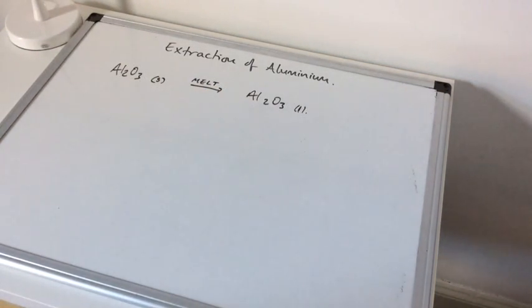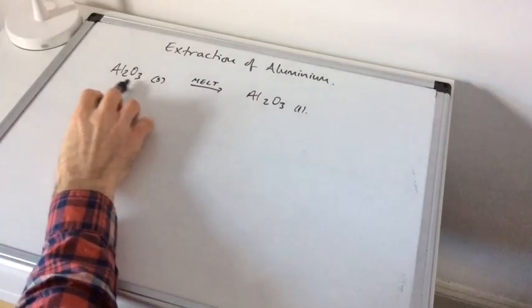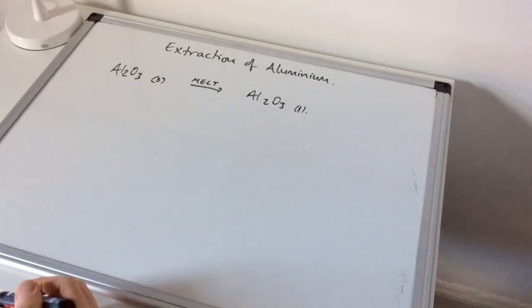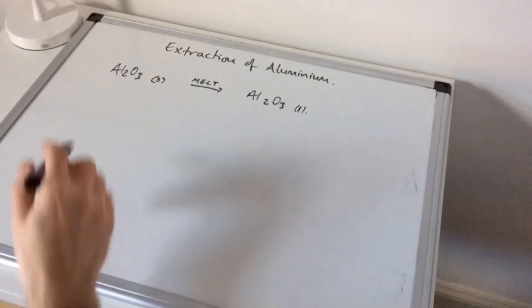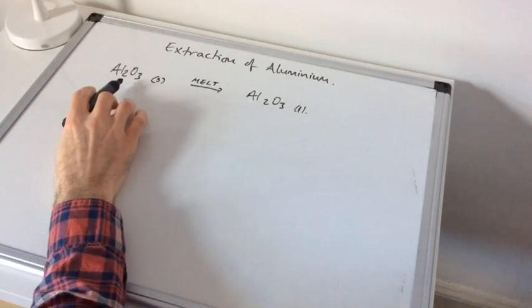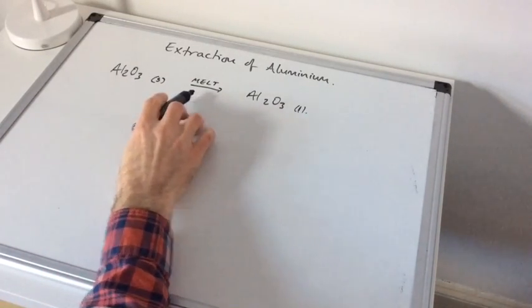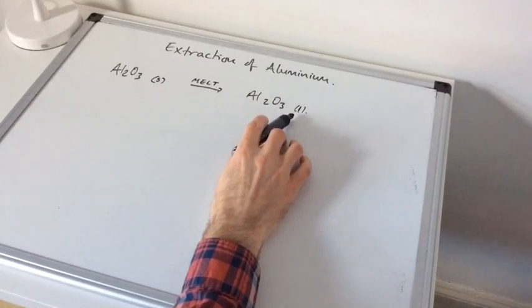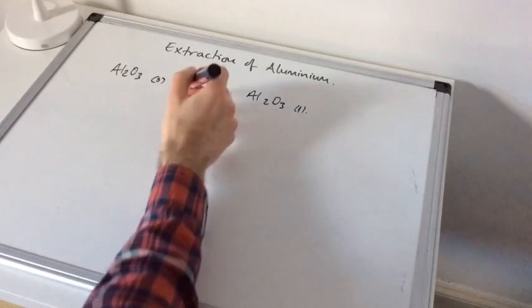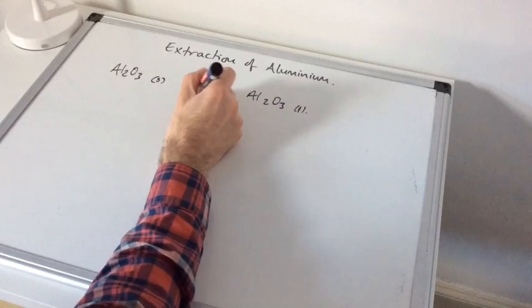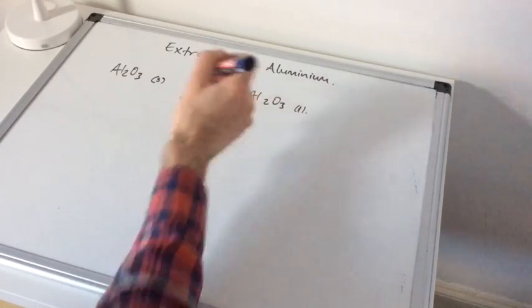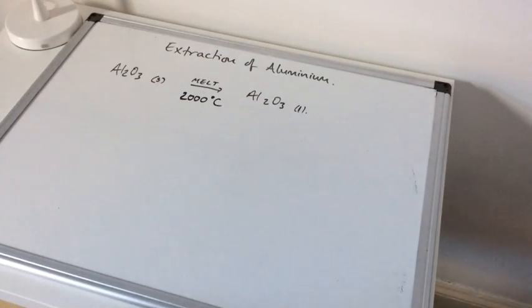To be able to pass electricity through a substance like aluminium oxide, which is ionic, we've got to get those ions free to move. Now one way to do that is to melt it, so turn the solid into a liquid. The problem is the melting point of aluminium oxide is around 2000 degrees Celsius.